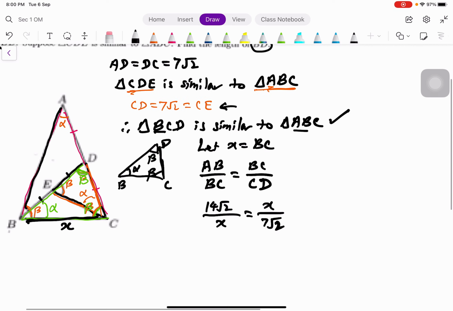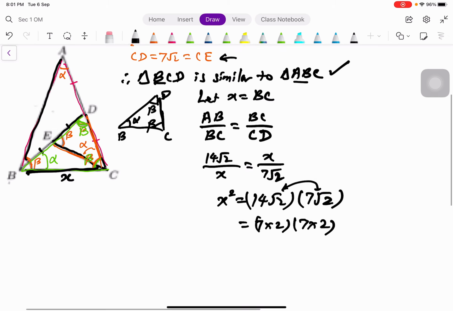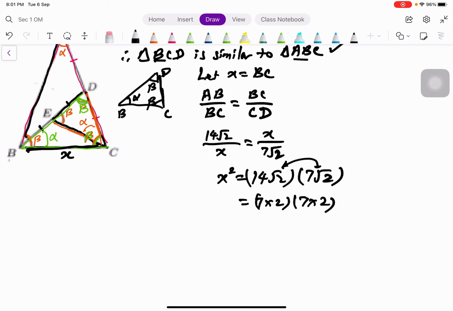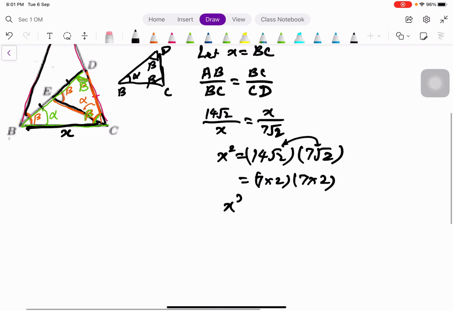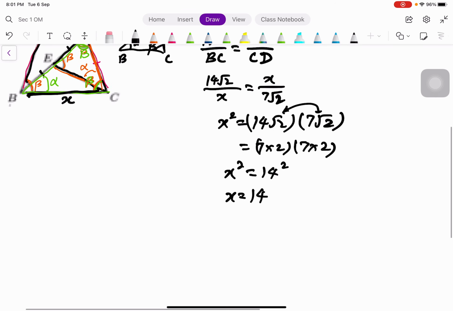Therefore X squared is 14 square root 2 multiplied by 7 square root 2. Root 2 times root 2 is 2, so this is 7 times 2 times 14, and X squared is equal to 14 squared. Your X will be equal to 14.